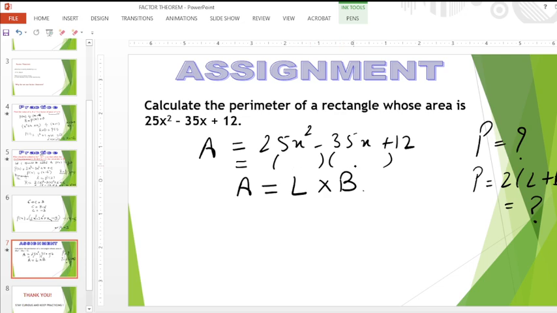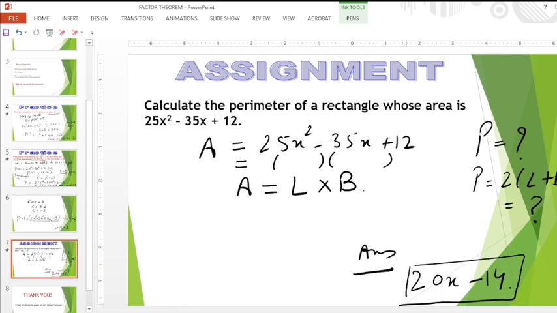One will be L, another will be B, and L and B will be in variables, right? So the final answer, I can tell you, will be 20x minus 14. This will be your final answer. Check that, are you getting this perimeter? If you are getting this as the answer, it means you have correctly solved it.